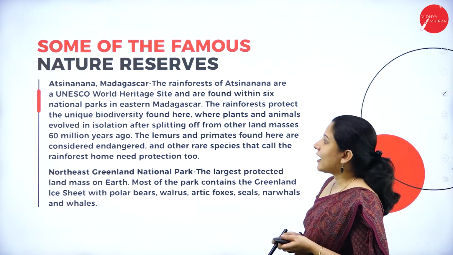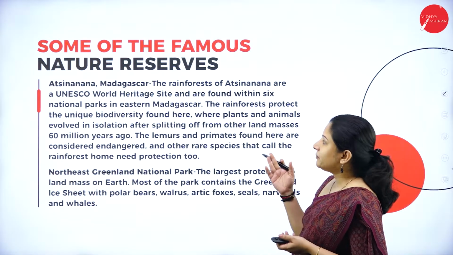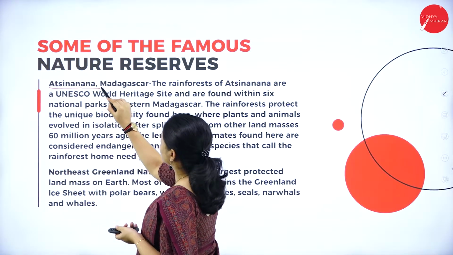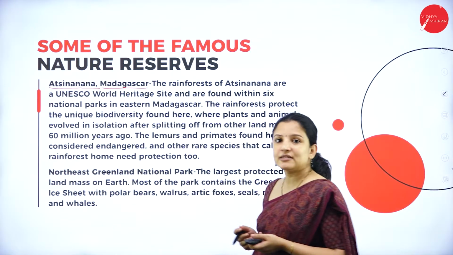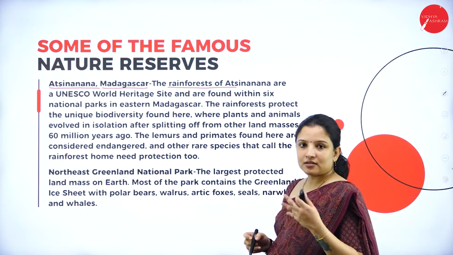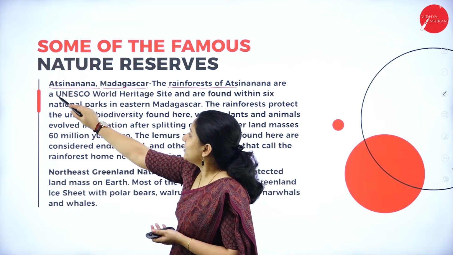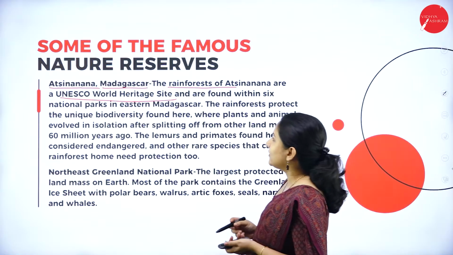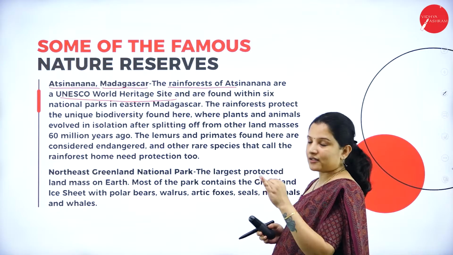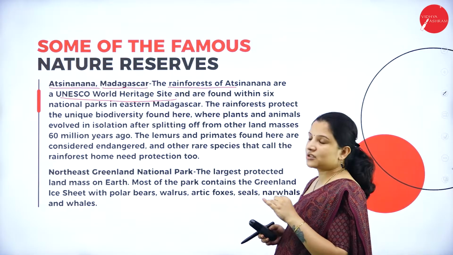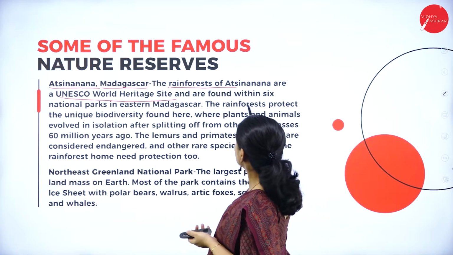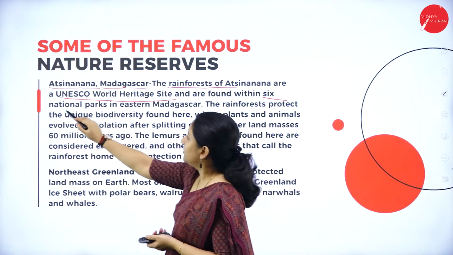Next is Atsinanana in Madagascar. This national park, Atsinanana, which is there in Madagascar, is a rainforest, and it is a UNESCO World Heritage Site. In this particular region, that is Atsinanana Nature Reserve, within that region itself, it has about 6 national parks.